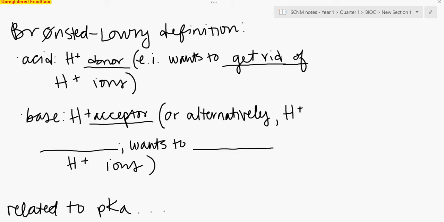And that definition might be a little fuzzy because the word acceptor is a little bit passive, and bases tend to have a bit more of an active role. So an alternative definition for a base could be that a base is a hydrogen stealer or taker.